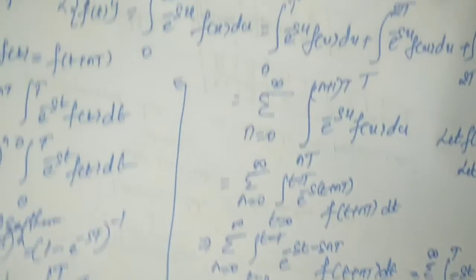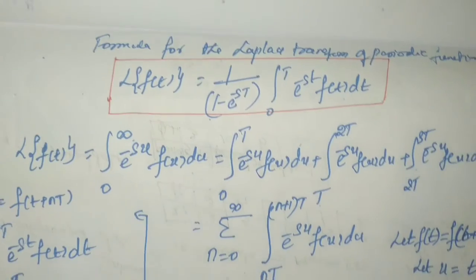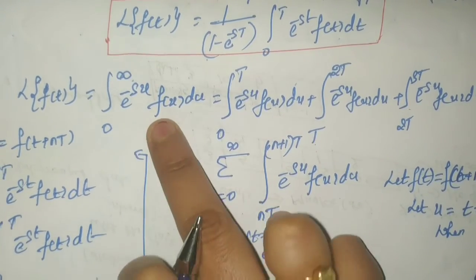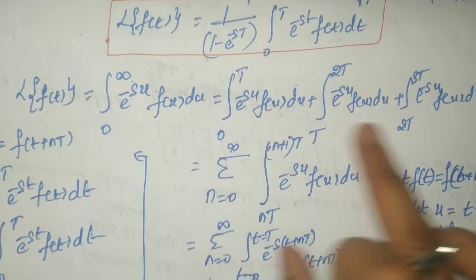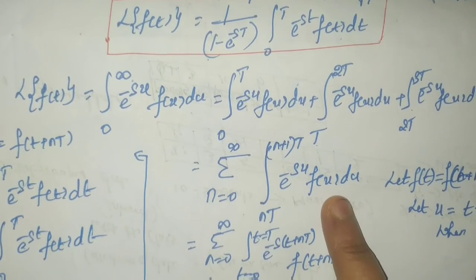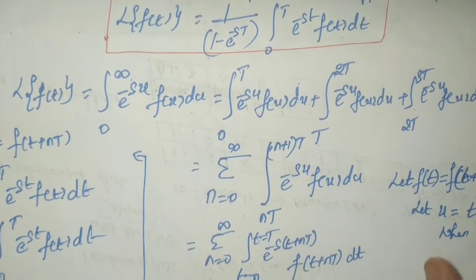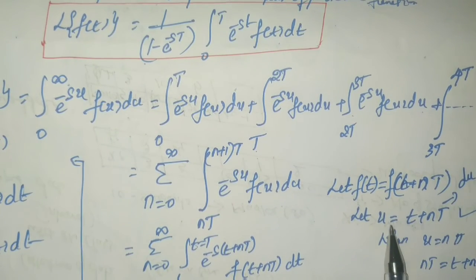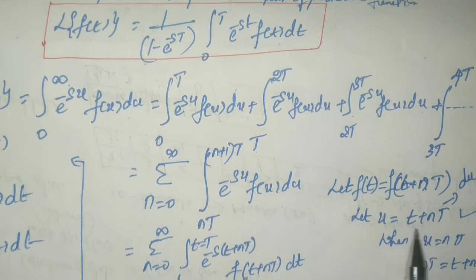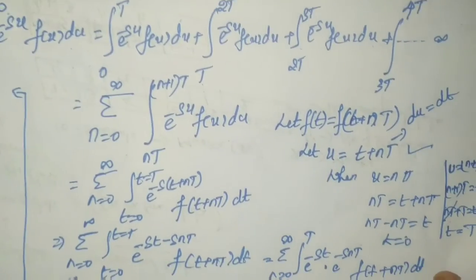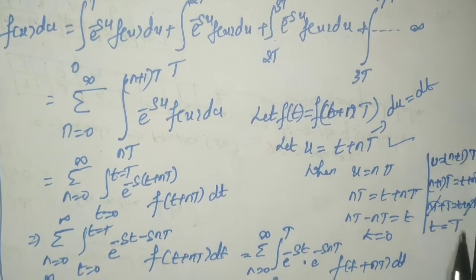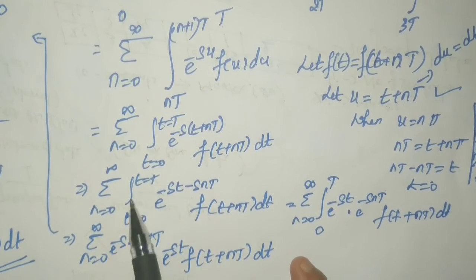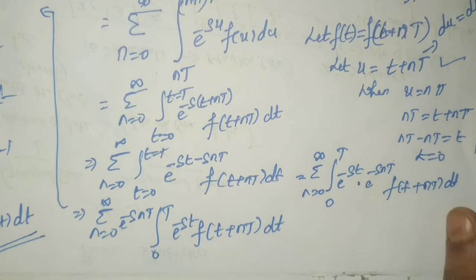That's the proof. So you can start with the formula, but make sure you are changing the variable to u, expand it as a summation, and remember that we are using the definition of periodic function. Let u is equal to t plus nT. Whenever you are changing the variable, make sure the limits are also changed, 0 to T. Substitute and take out the term which is independent of the integration.